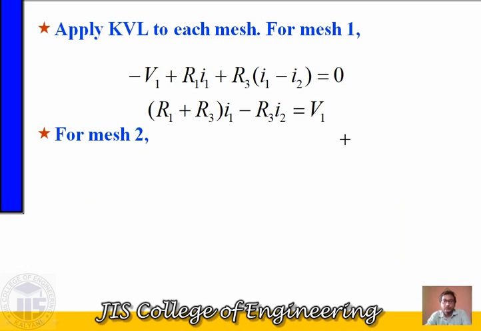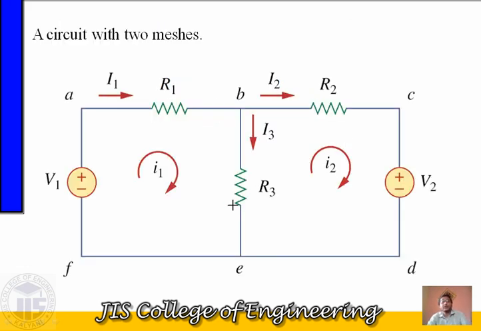Now next, you have to apply KVL for mesh 1. How will you consider this KVL for mesh 1? We know the summation of voltages within that closed path will be 0. So what will be the voltage across this resistance? For any resistance, the voltage across it is the current flowing through that resistance multiplied by the value of the resistance.